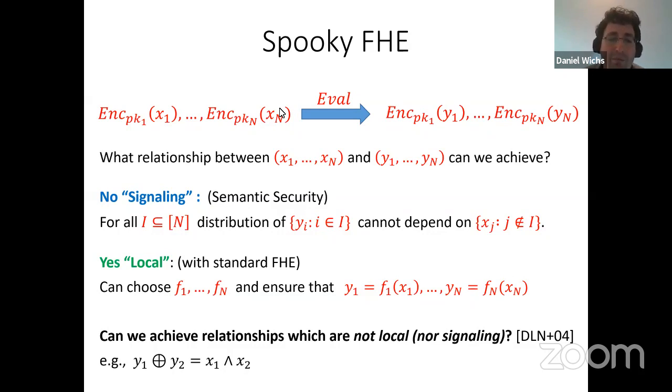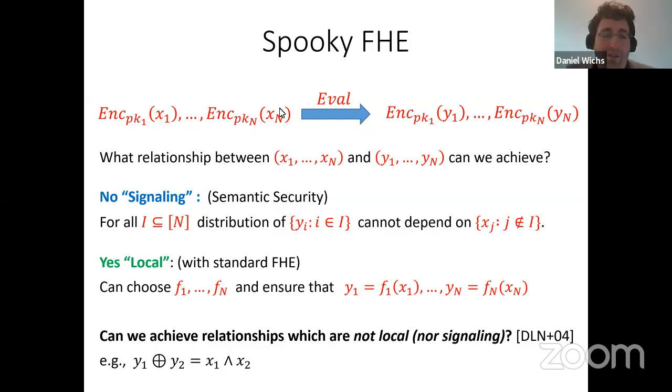Each yi might be independent, might just be a random value and independent of both x1 and x2. So this does not signal because each yi is just random and doesn't tell you anything. But if you look at the two of them together, they sum up to the AND of x1, x2, and this is not something you can do by just setting each yi as a local function of xi.